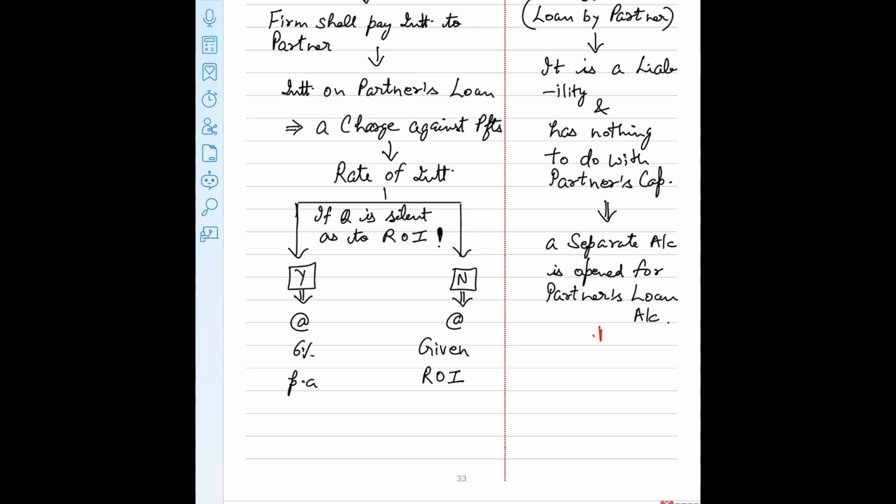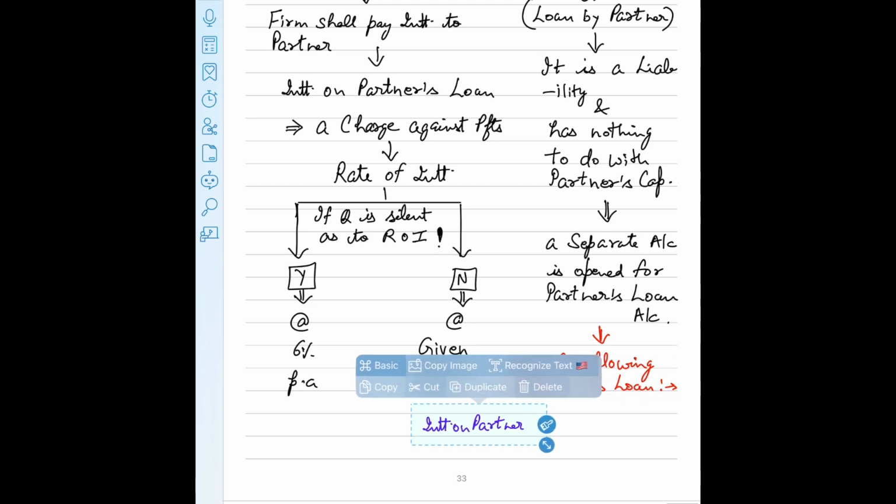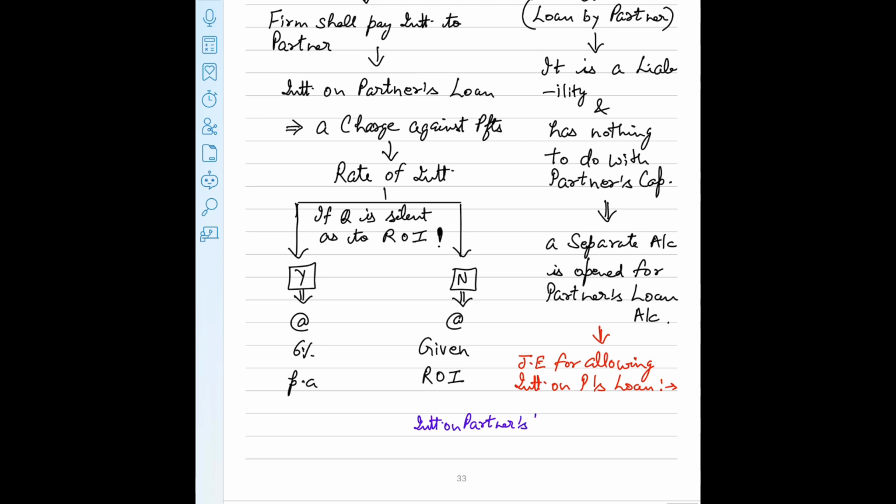And the journal entry for allowing interest on partner's loan shall be interest on partner's loan account debit to partner's loan account.